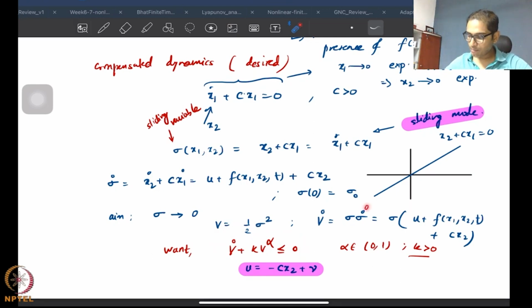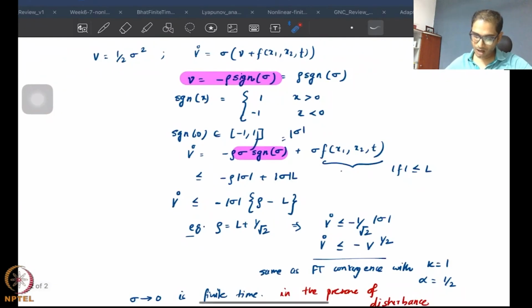So we simply compute a V dot, just as we are used to doing, and then of course we use the signum function property, right? We use the signum function ideas. We prescribe a v which is something like this.